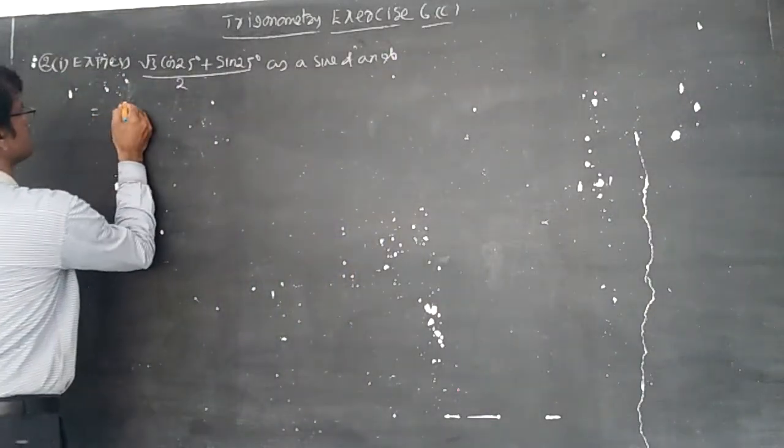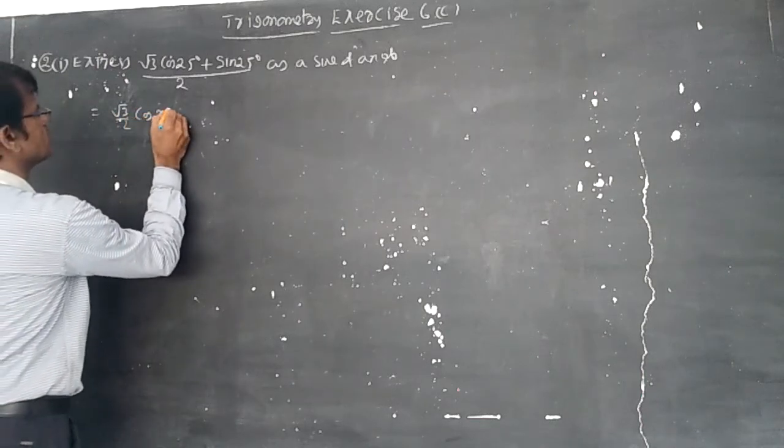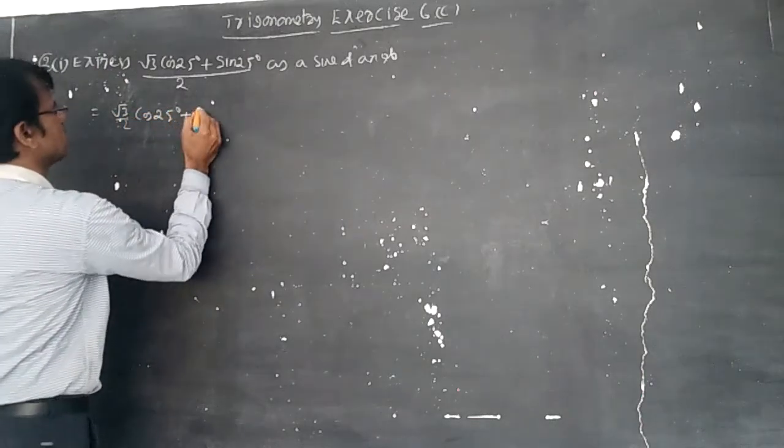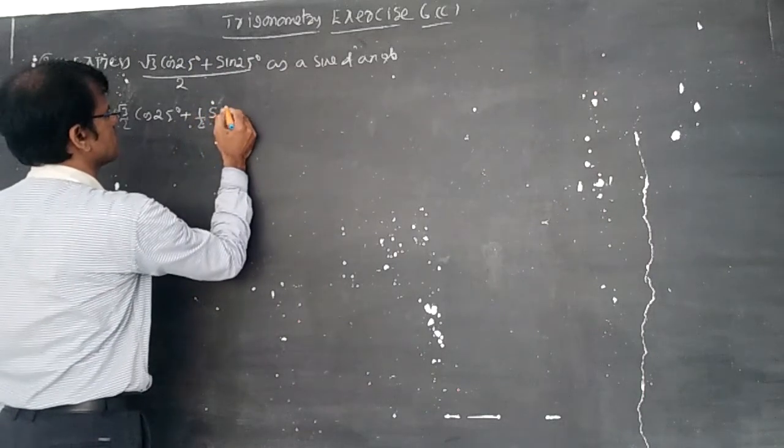That is equal to, distribute the 2 into separate terms, root 3 by 2 cos 25 and 1 by 2 into sin 25.